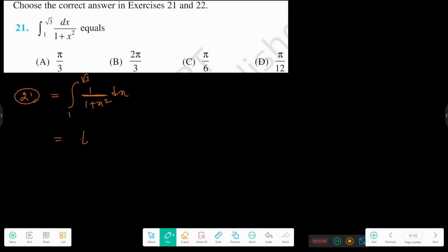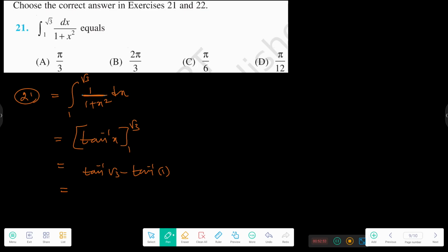Question number 21, MCQ they gave. This we can directly go: integral from 1 to root 3 of 1 divided by 1 plus x square dx. Now what is the formula? Tan inverse x formula, 1 to root 3. So upper limit: tan inverse root 3 minus tan inverse 1.